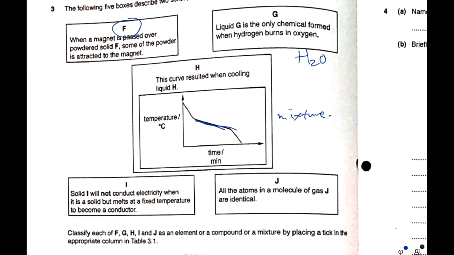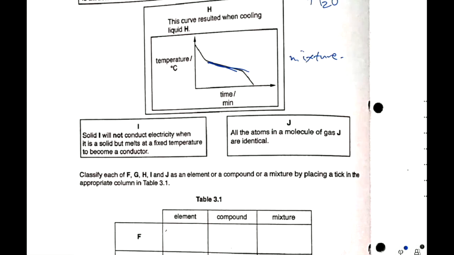It's not pure. I will not conduct electricity when solid but melts at a fixed temperature. Fixed temperature means it's a compound. Next, all the atoms in a molecule of gas J are identical, so it's an element.